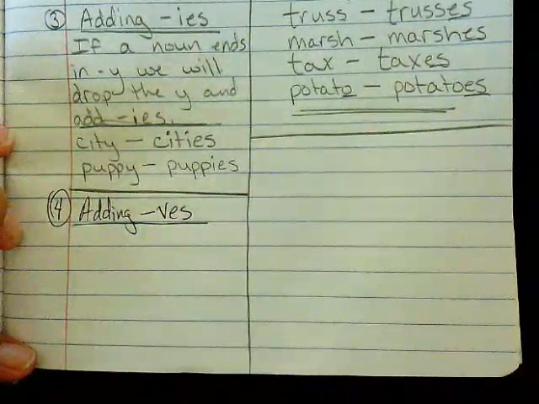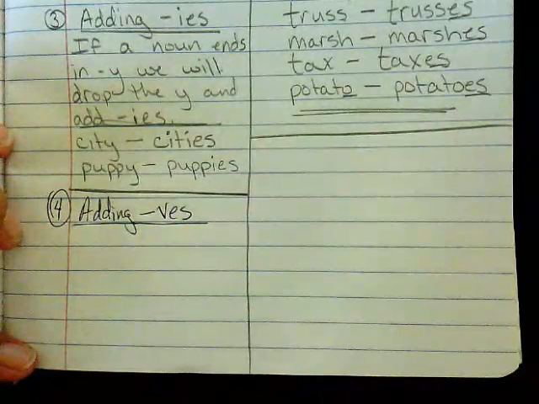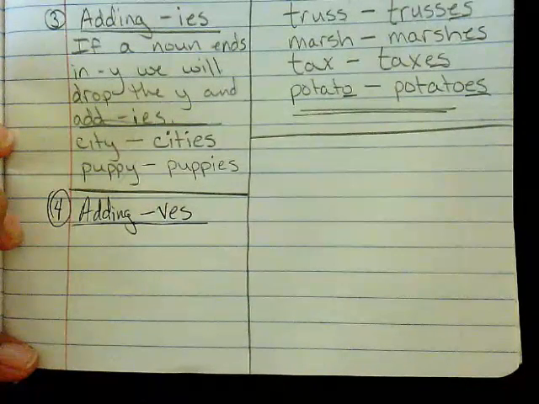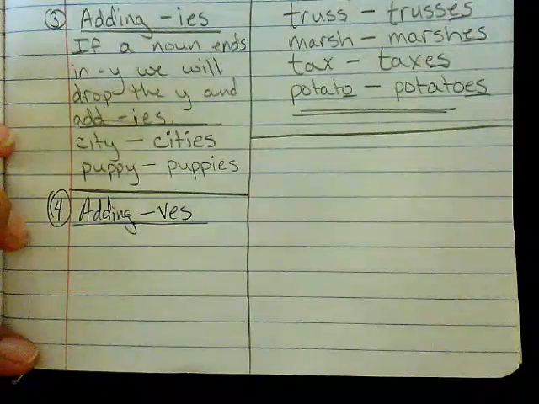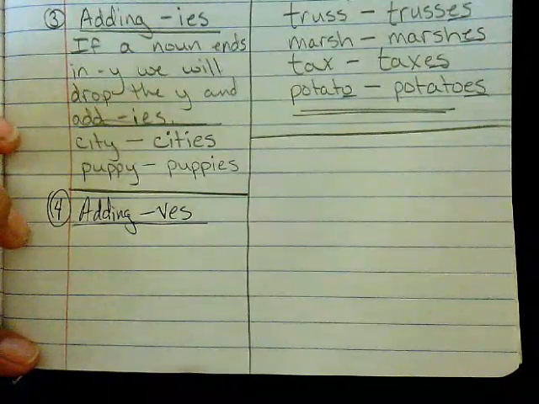So think about all of the words that you know of that end in VES. Words like wolves, shelves, wives, leaves, things like that. Those end in VES. So what is that plural rule?